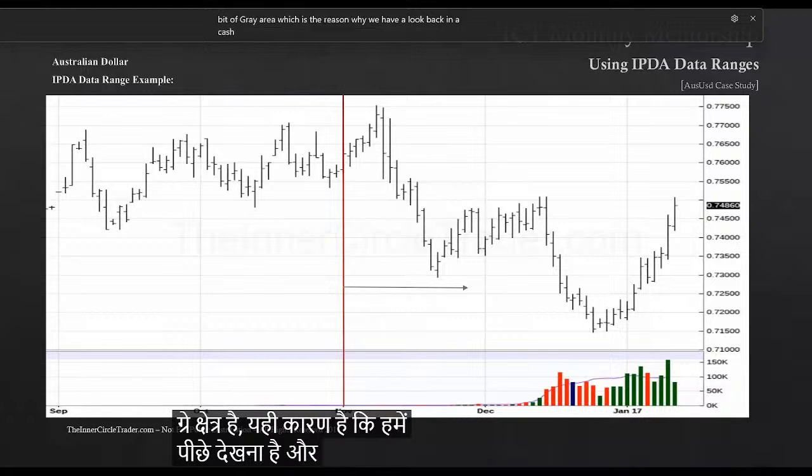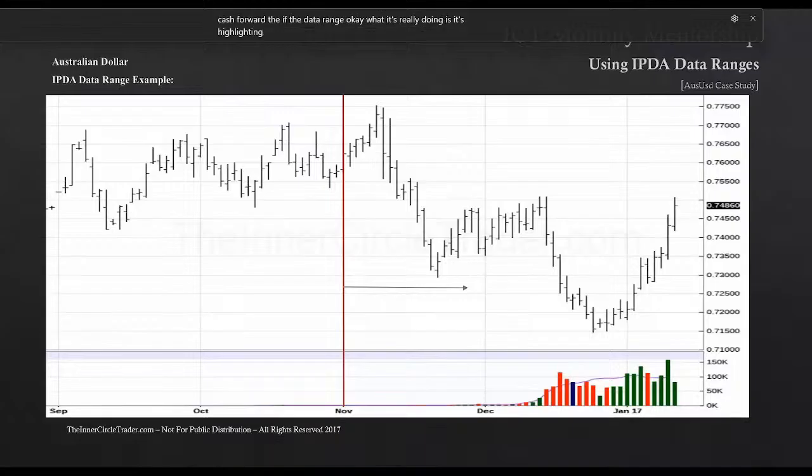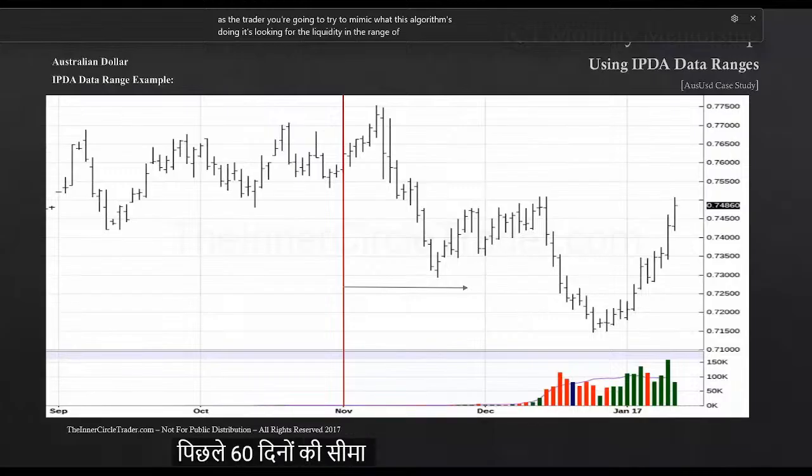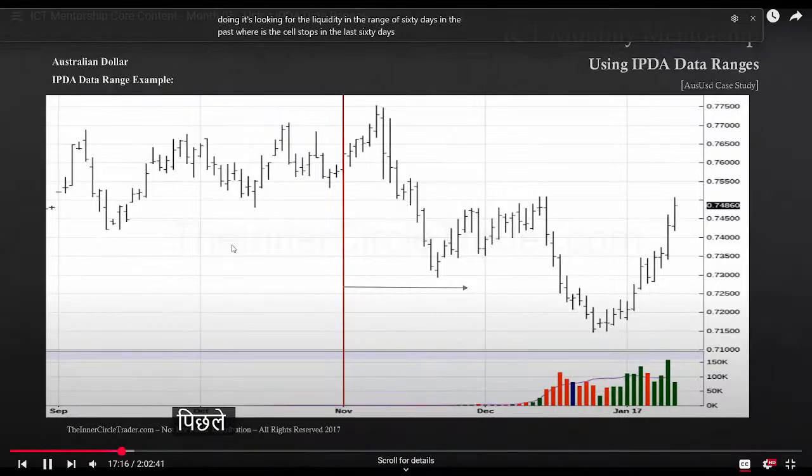The IPDA data range is really highlighting for you as the trader what you're going to try to mimic that this algorithm's doing. It's looking for the liquidity in the range of 60 days in the past. Where are the sell stops in the last 60 days? Where are the buy stops?